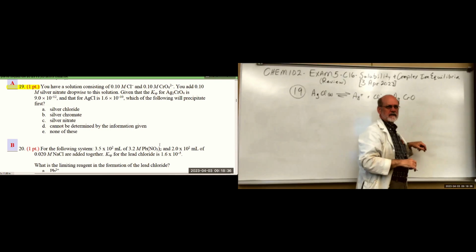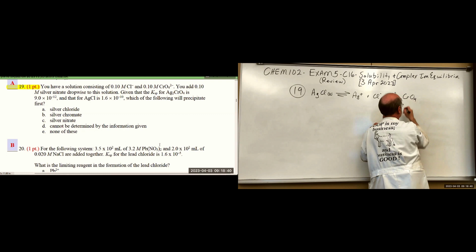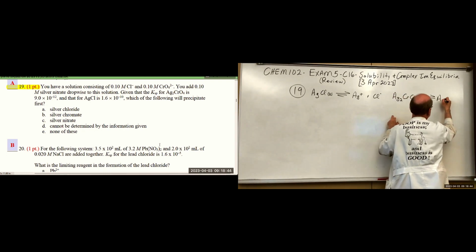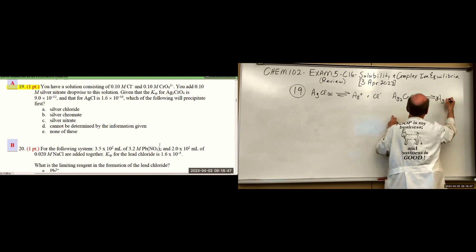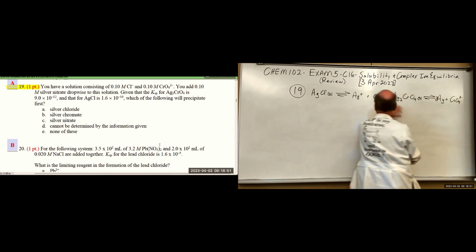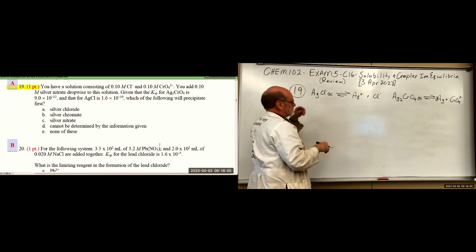It's Ag2CrO4, with 2 of these. So that produces 2 silvers and chromate in solution.